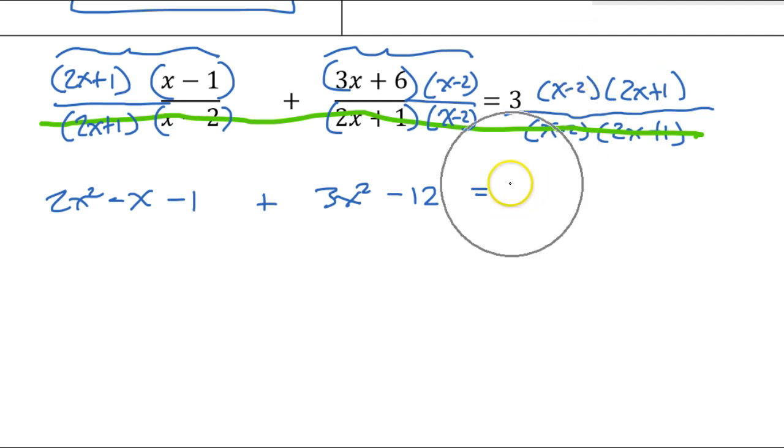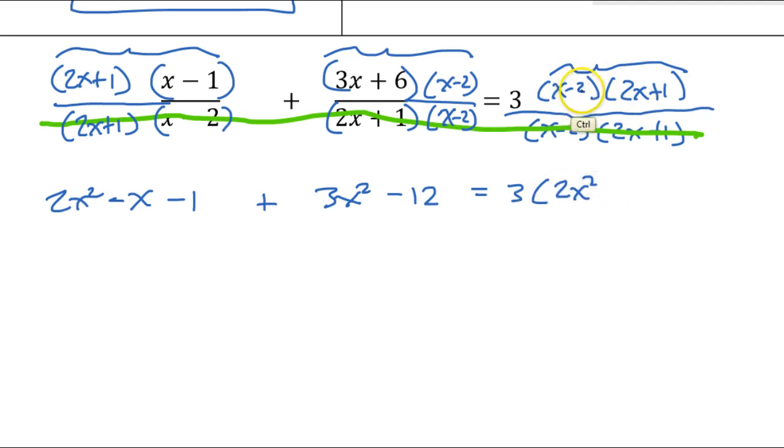And if I multiply these together, I've got x times 2x, so that's 2x squared. Inner, I've got negative 4x. Outer, I've got positive 1x. Negative 4 and positive 1, that's negative 3x. And then negative 2 times 1 is negative 2.